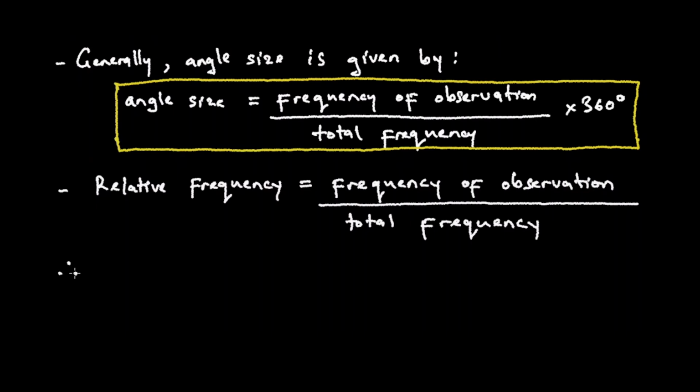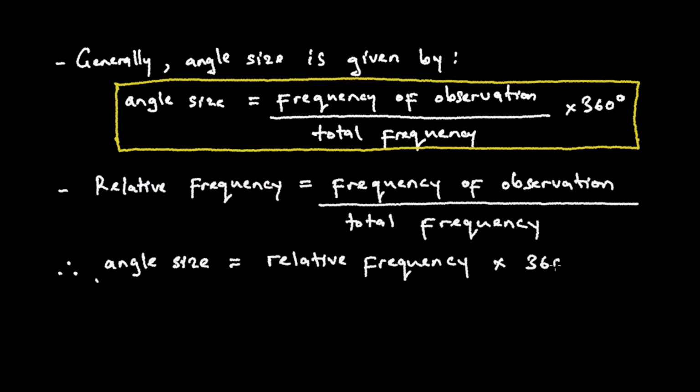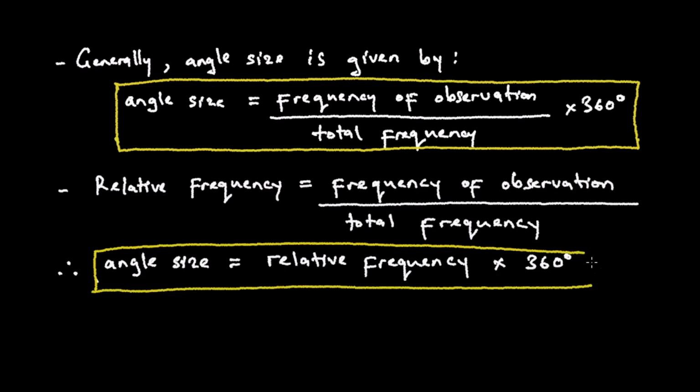This means kuti angle size togona kuinyora in simpler terms. Angle size is simply equal to relative frequency times a complete revolution. Saka this is the same meaning. When you are reading and consolidating, you might come across the term relative frequency. Relative ungori pakuti tukutora frequency observation to divide ne total frequency. That is what we are doing.